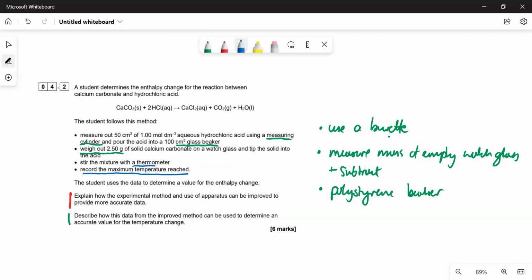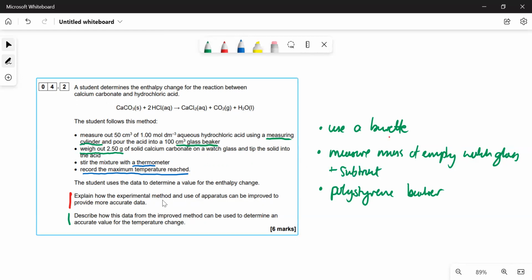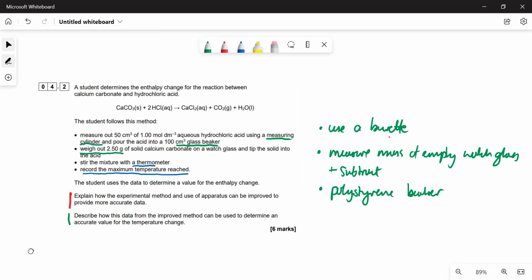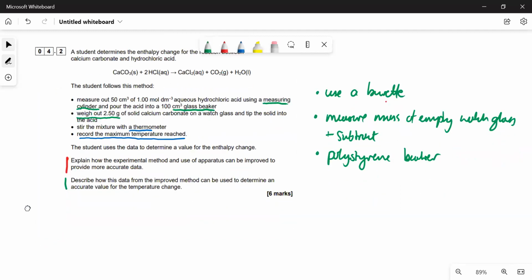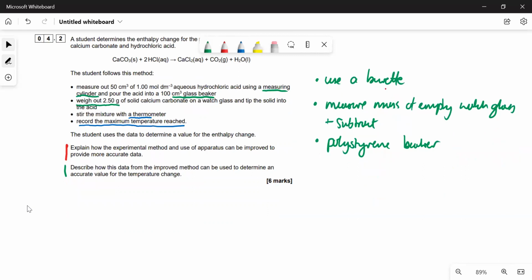How should you do that? Now, you've probably done this. It's one of the required practicals, required practical 2, and they always ask this question. So you shouldn't just measure the maximum temperature. What you should do is measure the temperature every minute for 3 minutes.